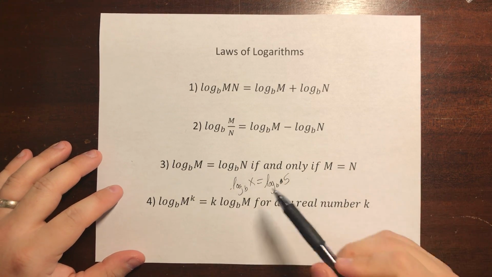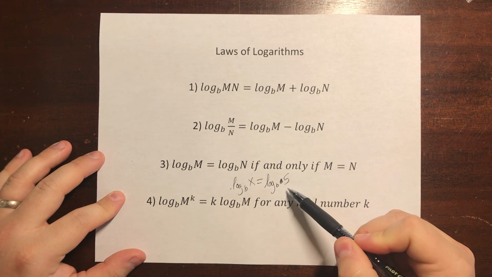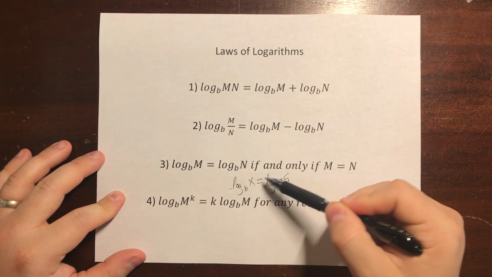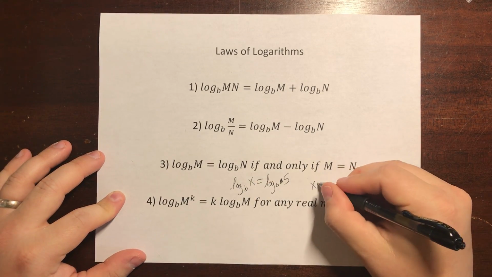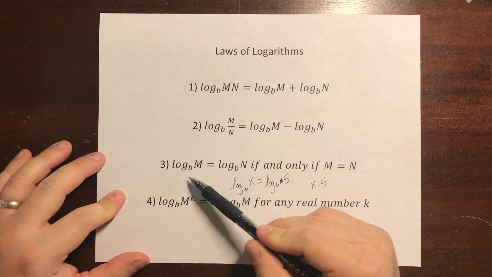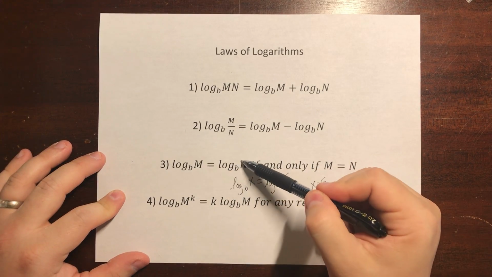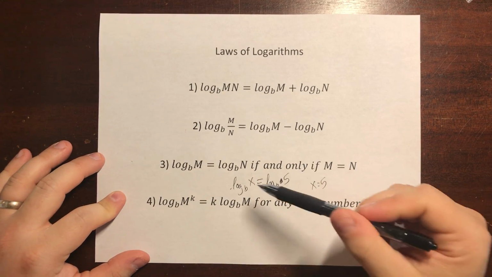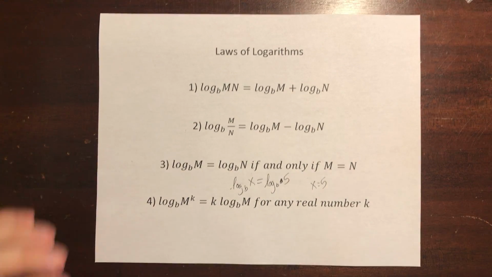If m equals n, this is log base b of x equals log base b of 5. So they're both the same log base. So in this case, we know x is equal to 5. If they have the same bases for logarithms, then we can set these equal to each other. So m equals n, and here x equals 5.